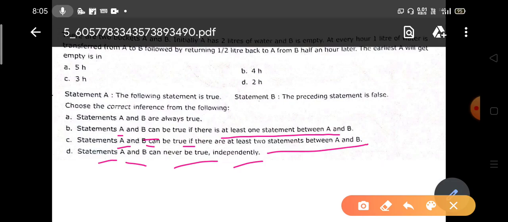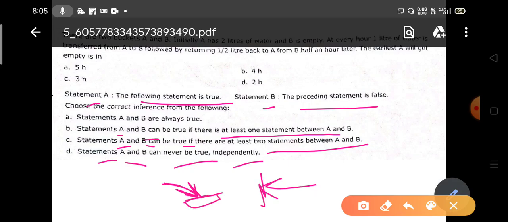Now let's read the statement again. Statement A is: the following statement is true, that is the statement which is coming. And statement B is: the preceding statement is false, the statement which was earlier or before. So the statement which is coming is true, but the statement which is earlier is false.